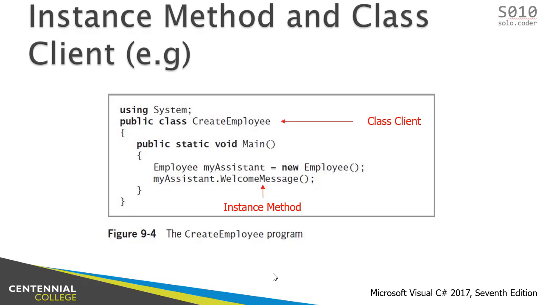Employee is providing services to createEmployee, which we call a class client. Employee is serving the createEmployee class. So we call this a client class, a class client. Again, just a little bit of terminology.